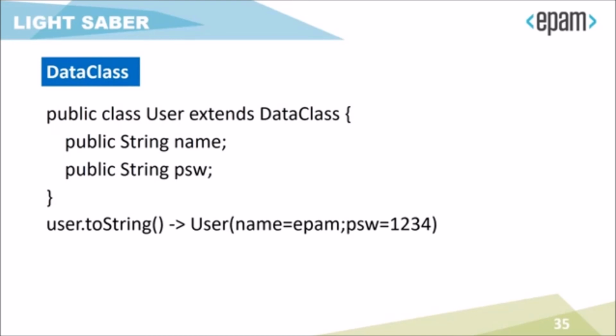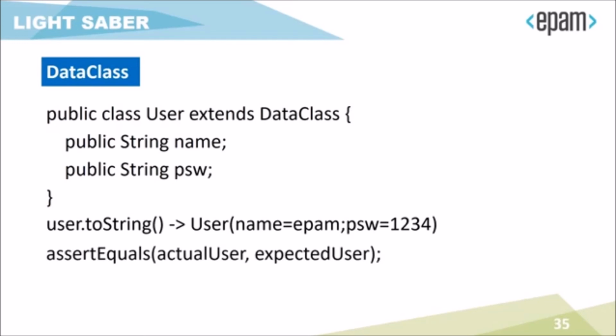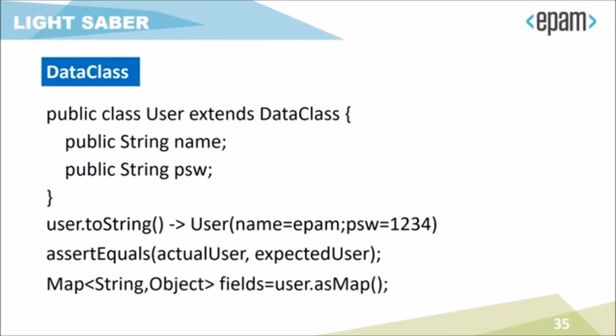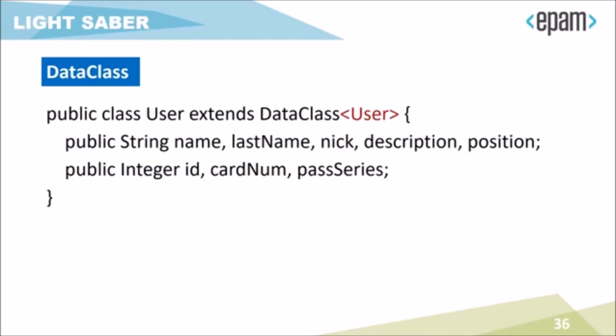So you just write extends DataClass, and you will get a pretty good toString method for your objects. You will get the ability to assert your objects on the equality of their fields. You can get your class as a map and operate with it as a map and do some other stuff.